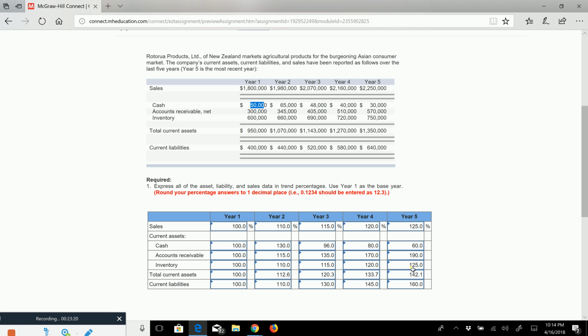Inventory is growing, which makes sense because sales are growing. And our current liabilities are growing more aggressively than sales. That's something we might want to look into as well. So once again, trend percentages: year one is the base year, everything is based off of that, and we can analyze it that way.